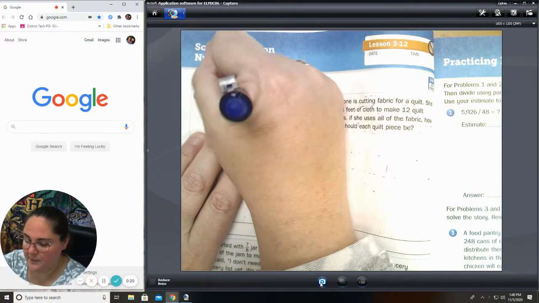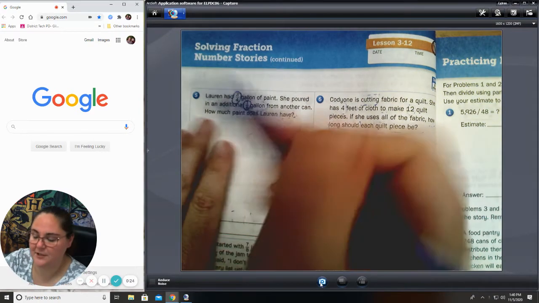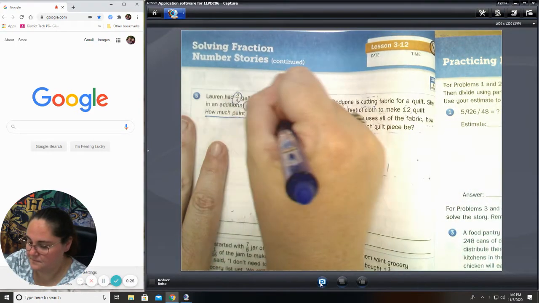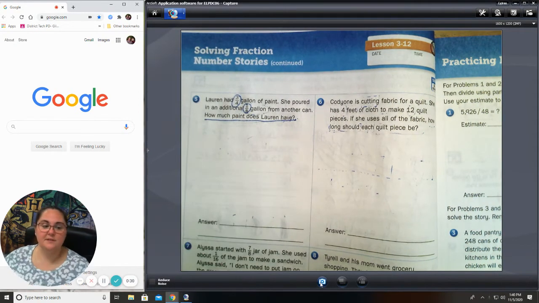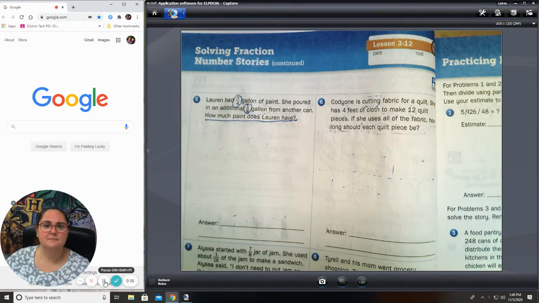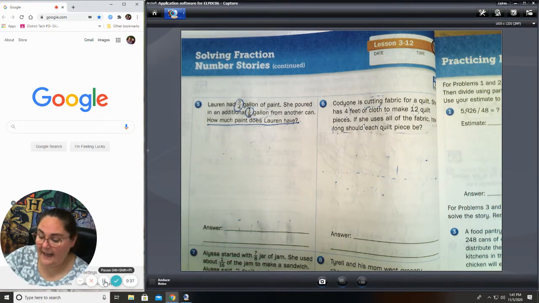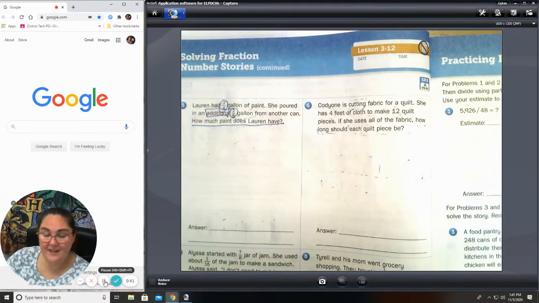Circle important numbers. Underline the question. Box in key words. What key words do you see in this story problem? For me, I see where she said an additional amount. So that is what I would underline.